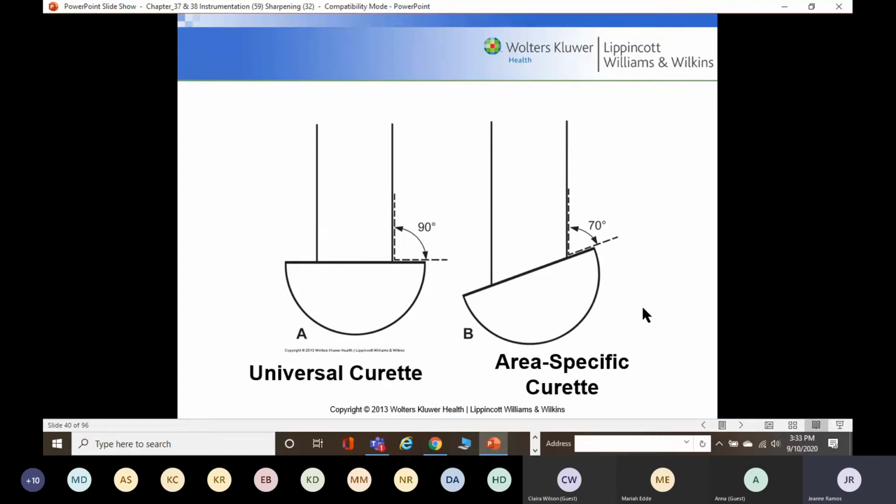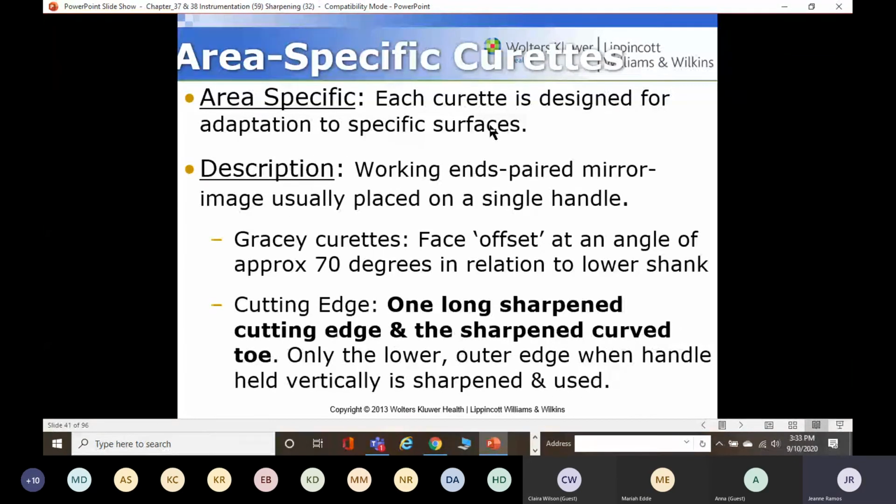On a Gracie, an area specific curette, this would be a 90-degree angle from the blade to the shank, and you're going to open it up at a 70-degree angle from the blade to the tooth. So each curette is designed to be adapted to specific areas.